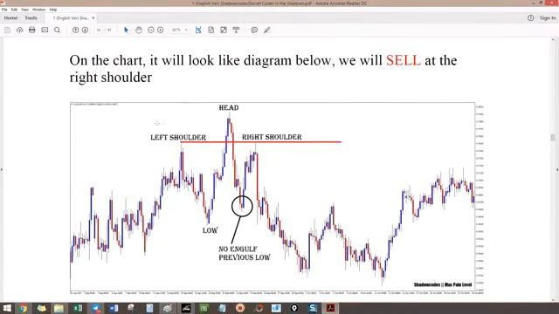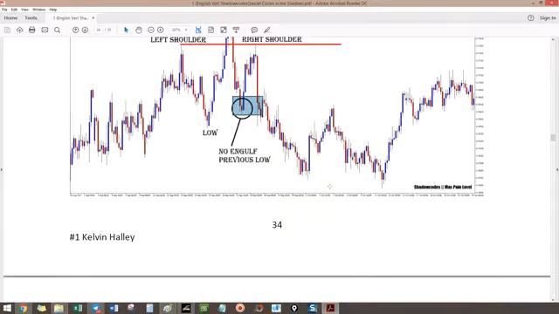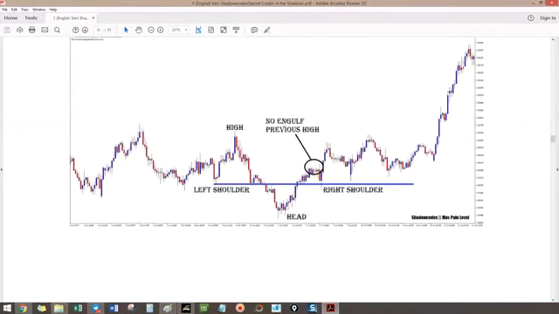So this is the left shoulder, and this is the head, and we sell at the right shoulder. Okay, so there is no engulf of previous low. All right, so for buy, also like this, we have a left shoulder, a head, and a right shoulder. No engulf of previous high for buy setup, right?